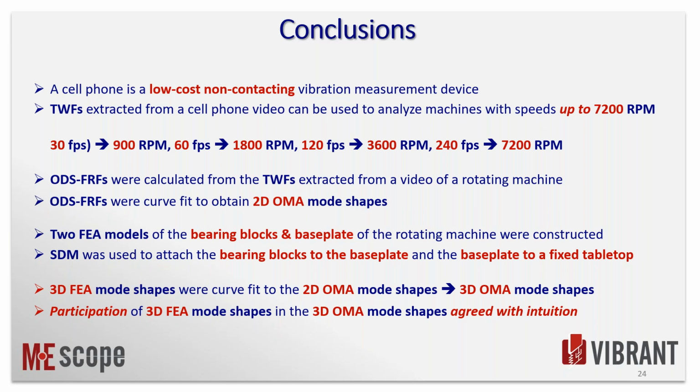ODS-FRFs are calculated directly. The advantage of the ODS-FRFs over the DFTs, now I could have curve fit the DFTs also, but with the ODS-FRFs I can do spectrum averaging, and that cleans up the measurements quite a bit, so that when we curve fit them, we get some pretty good OMA mode shapes.